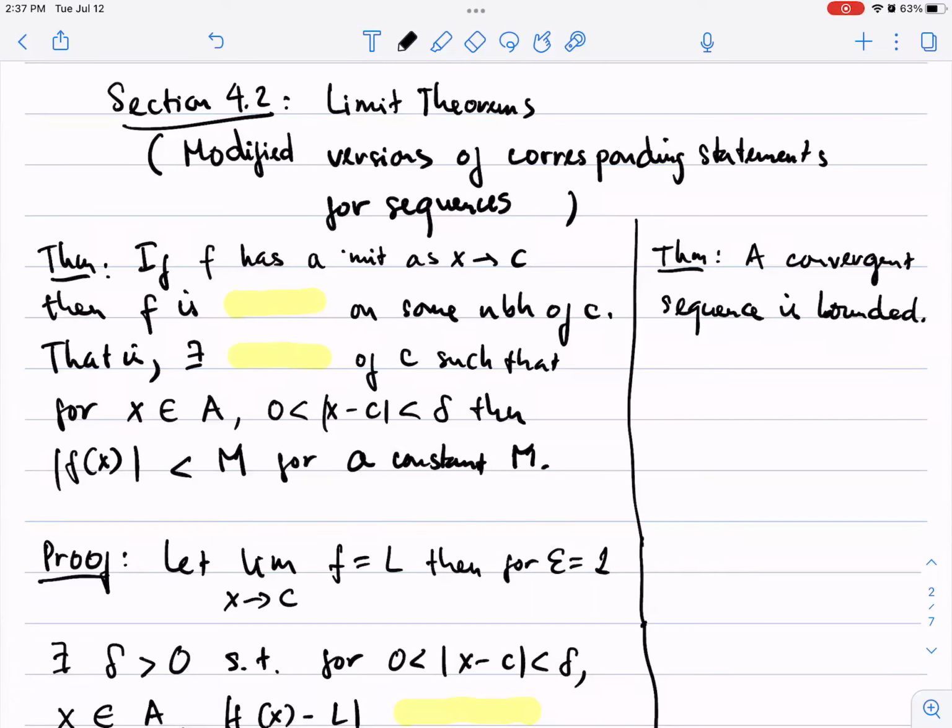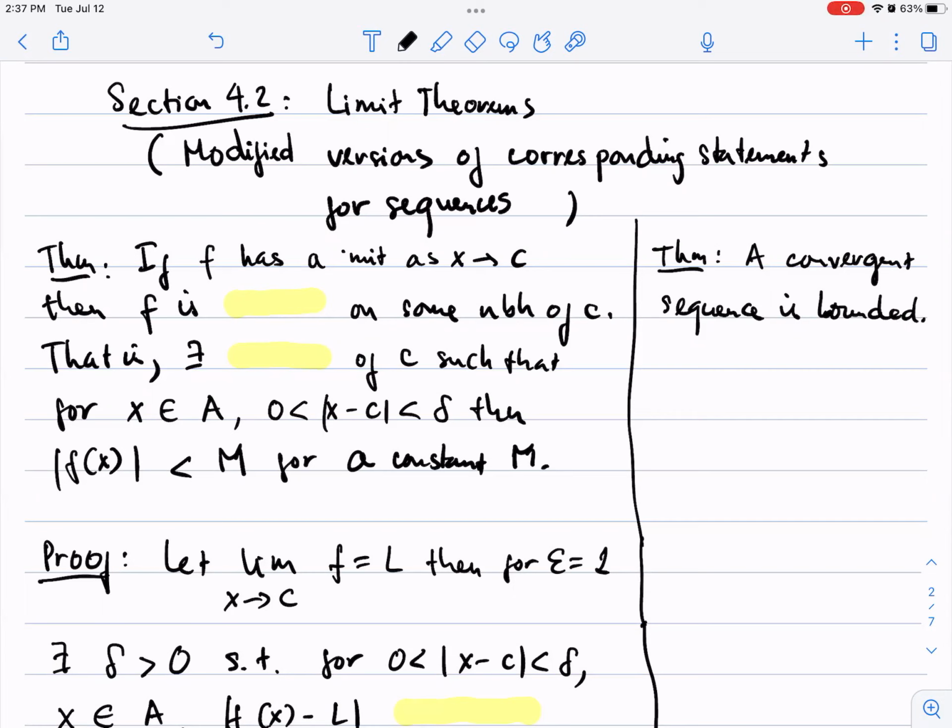So the theory of limits of sequences can be extended to a theory about limits of functions. That's why limit theorems for sequences also have analogous versions for functions.